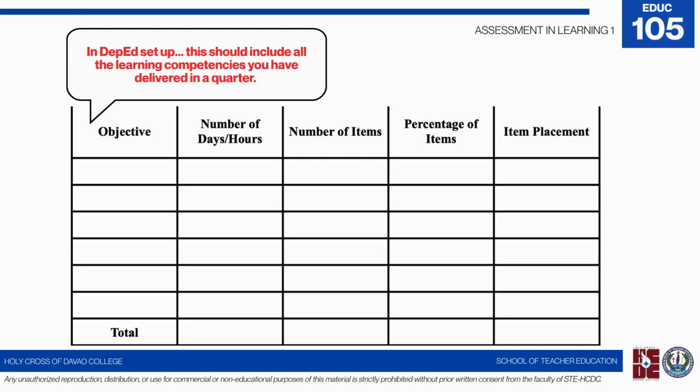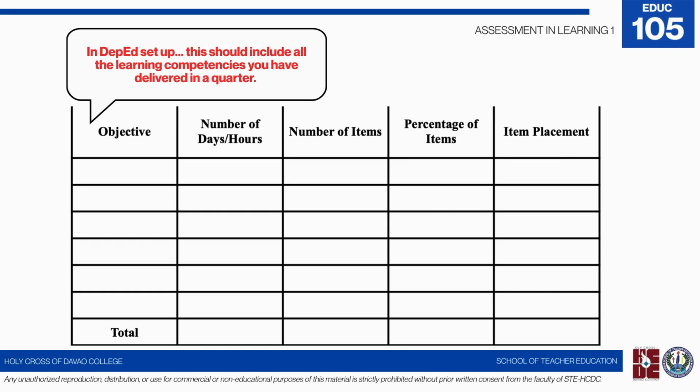Now, there is another example. There's another frame or format of a TOS that goes like this. No RBT level. However, there is the objective, number of days or hours, number of items, percentage of items, and item placement. This is usually used if the TOS needs to identify how many hours.